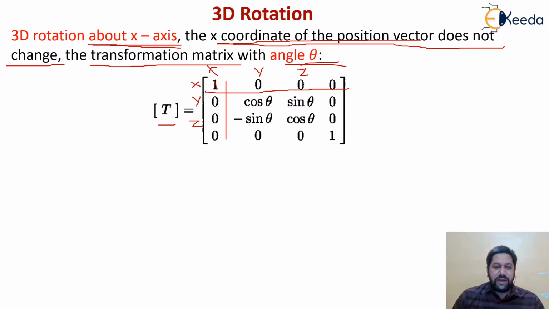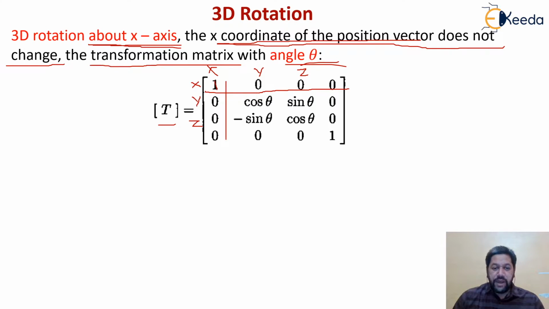For the 3D rotation about the x-axis, the x coordinate of the position vector does not change, so all the values are 0, 0, but the diagonal value should be 1. So that is what I have mentioned. Now for the remaining values, we already know from 2D rotation the formula with cos theta and sin theta. I think we have seen this was my transformation matrix in 2D.